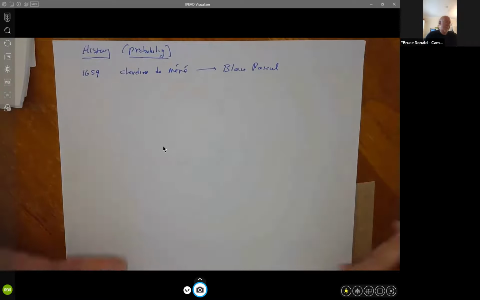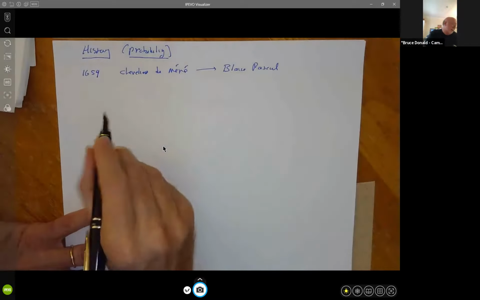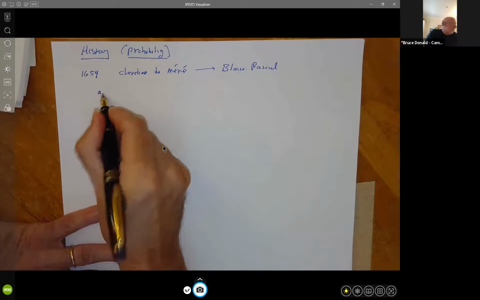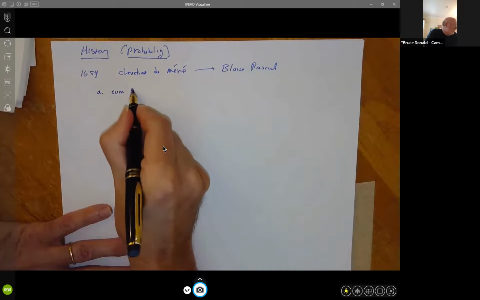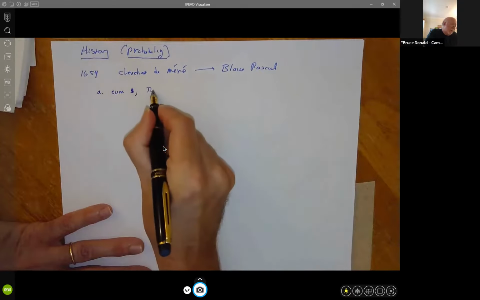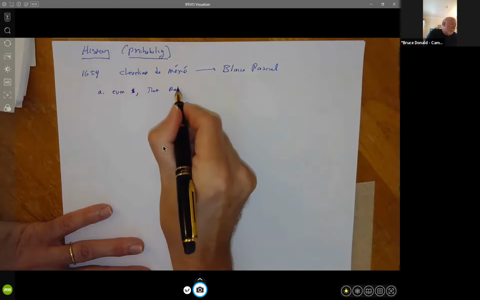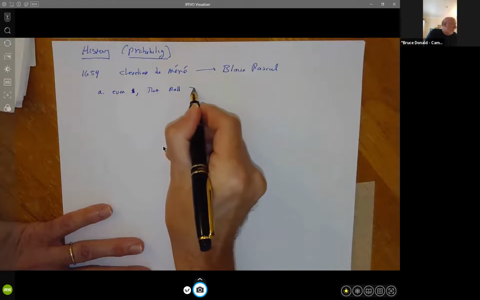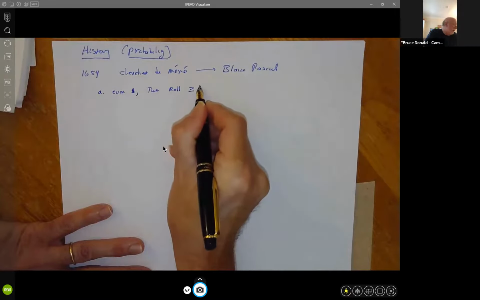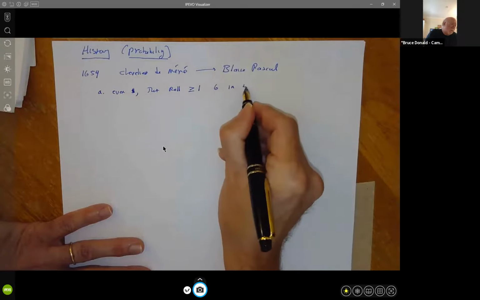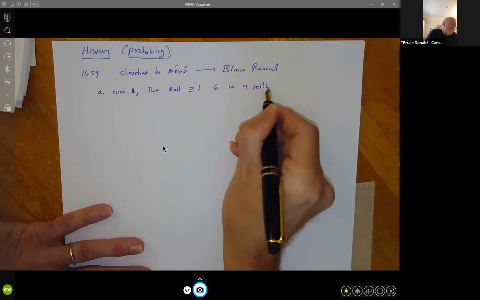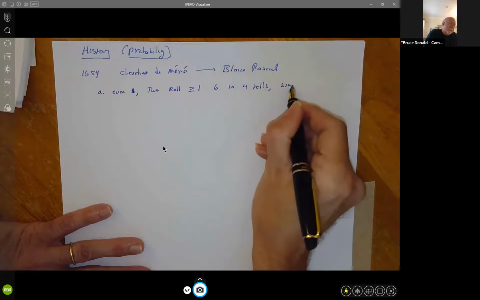So let's write that out so we can understand what he said. Writing that out mathematically, even money, he bets that he'll roll at least one 6 in 4 rolls with a single die.